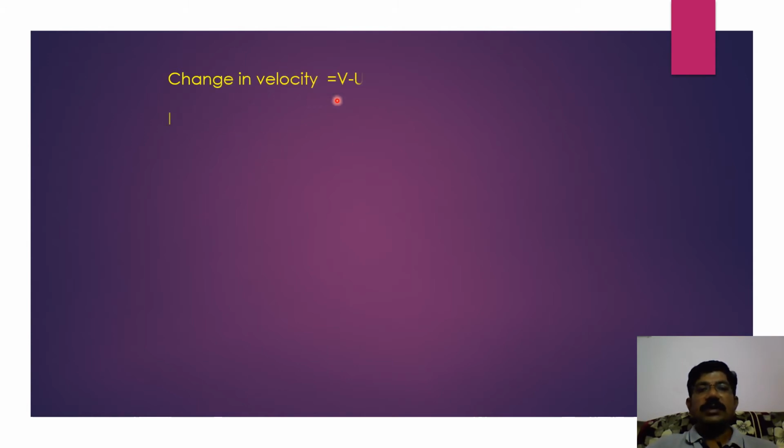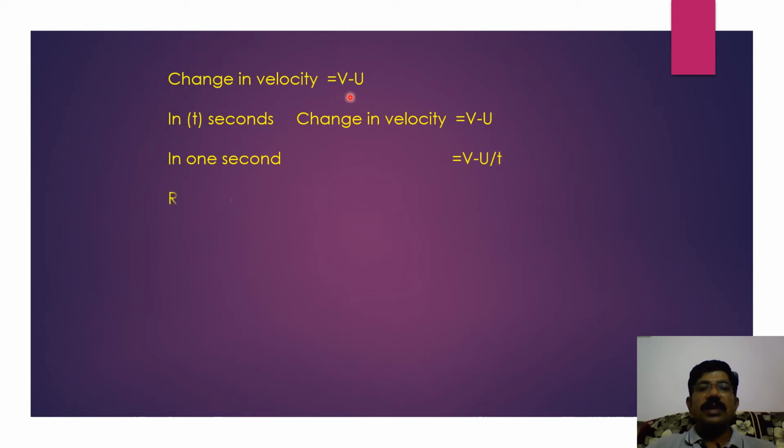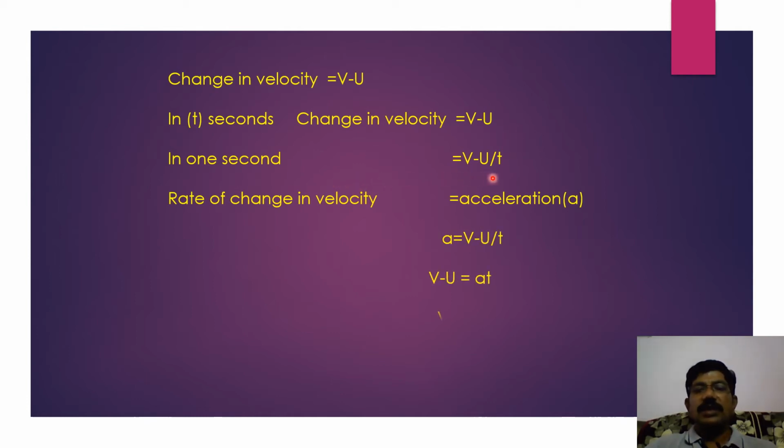What is the change in velocity? The body is moving with an initial velocity u. After some time interval t, it attained a velocity of v. So the change in velocity is final velocity minus initial velocity, that is v minus u. In t seconds, there is a change in the velocity of v minus u meters per second. So in 1 second, the change in its velocity is v minus u by t.